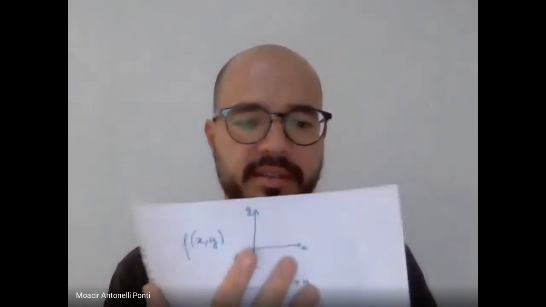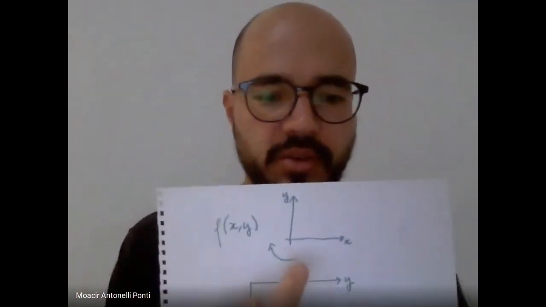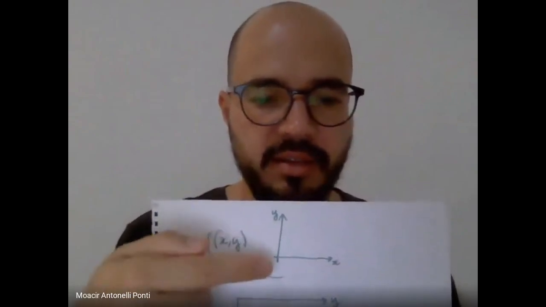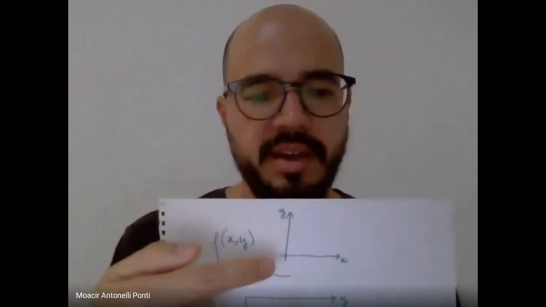So often what we have when we talk about images is a function f of x and y. This function in mathematics we often illustrate in a plot as I'm showing you here. We have the x in here and the y in this axis.